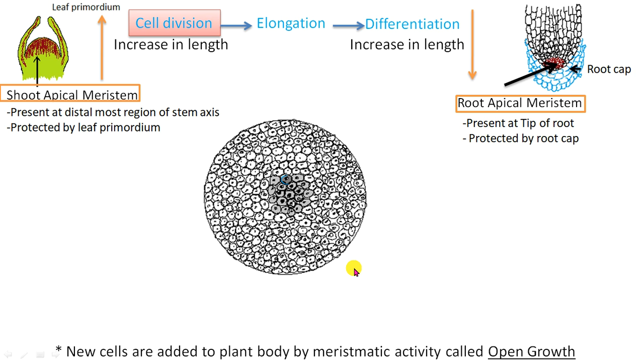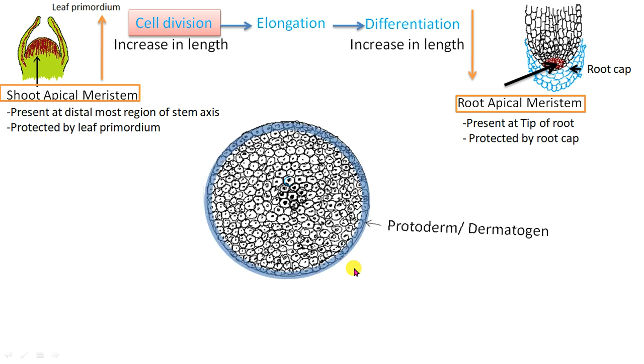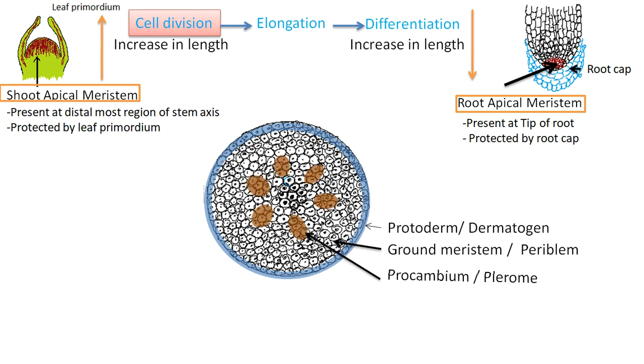At this stage, we will see three distinct regions are created. The outermost is called protoderm or dermatogen. The inner is called ground meristem or periblem, while the innermost region is called procambium or plerome. These three meristematic tissues separately give rise to different primary permanent tissues.